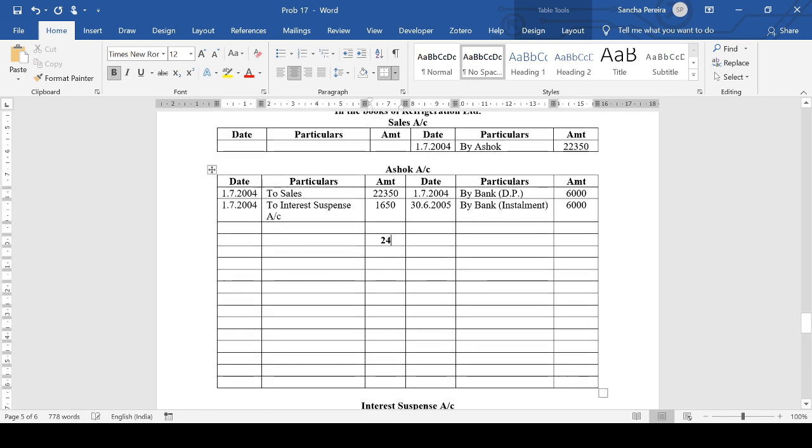Total here is 24,000. So 30th June 2005 by balance carried down 12,000. 1st July 2005 to balance brought down 12,000.